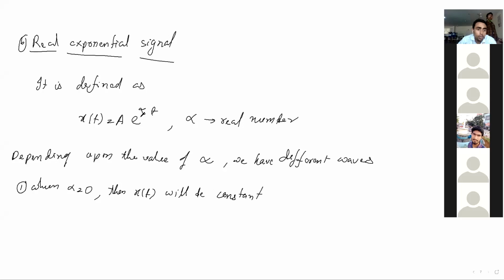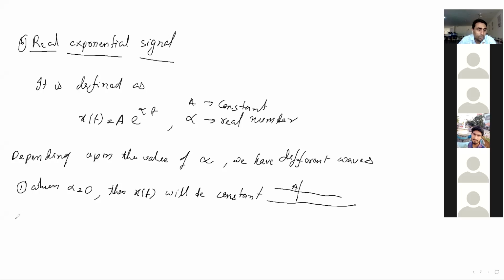Why constant? When you put alpha equal to 0, then the value of e to the power alpha t equals 1. So when this is 1, this a is nothing but a constant. So xt would be a constant value. By graphical representation, it is a constant waveform. It's straight, whose amplitude is a.